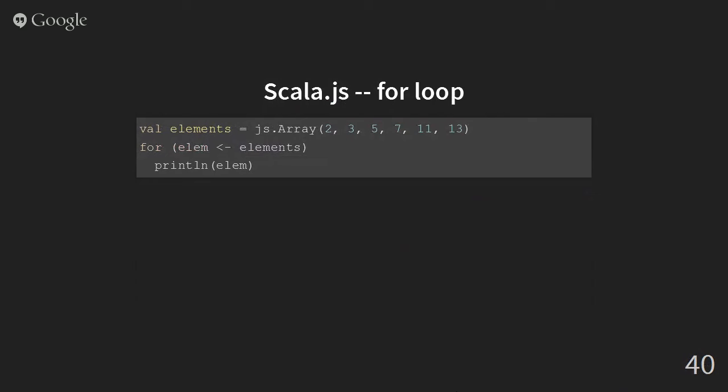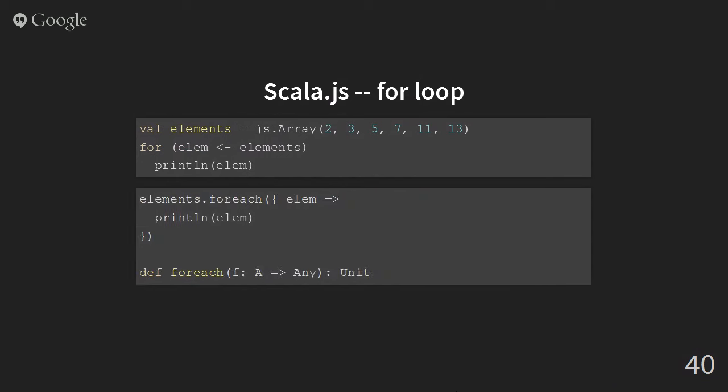But this desugars to something slightly different. Instead of getting an iterator and looping with the next method on the iterator, it desugars to calling the foreach method of elements and passing it a lambda, which will be called for each element. So this is basically the same thing as the forEach method on an array in JavaScript, right?